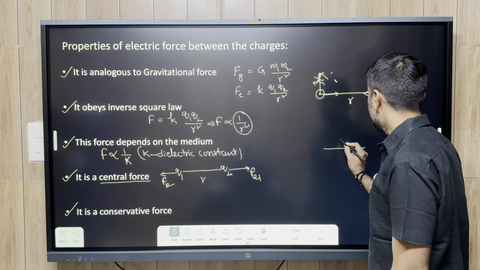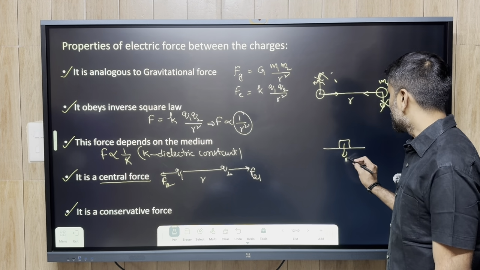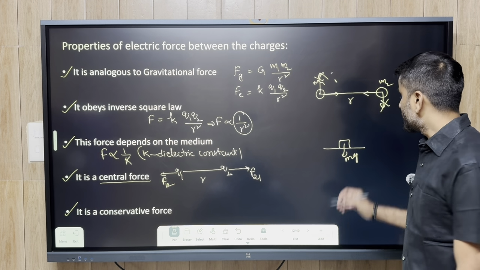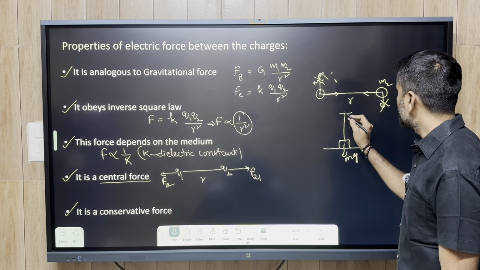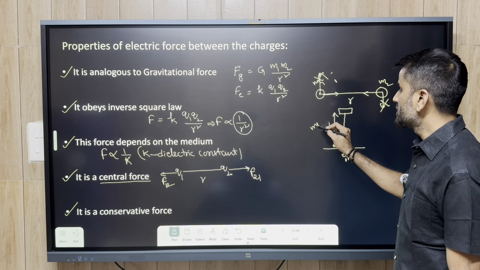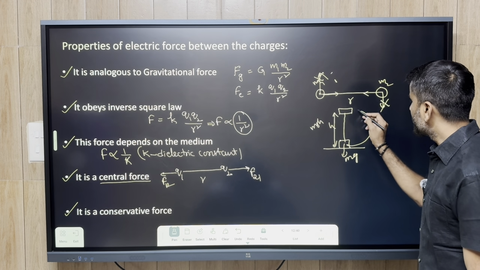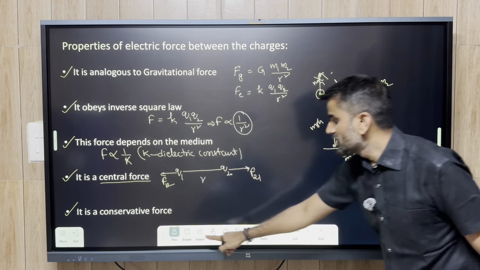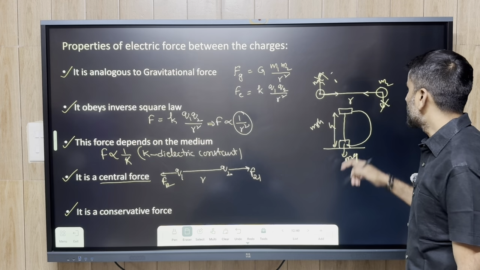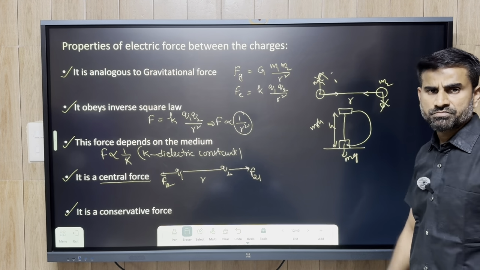Let's take an object here. Now weight is acting vertically downwards, obviously. Now I've taken this object straight up to a height h. What is the work done? mgh. If I would have taken the same object in some other direction to the same height, again the height would be h only. Now again, what is the work done? mgh.